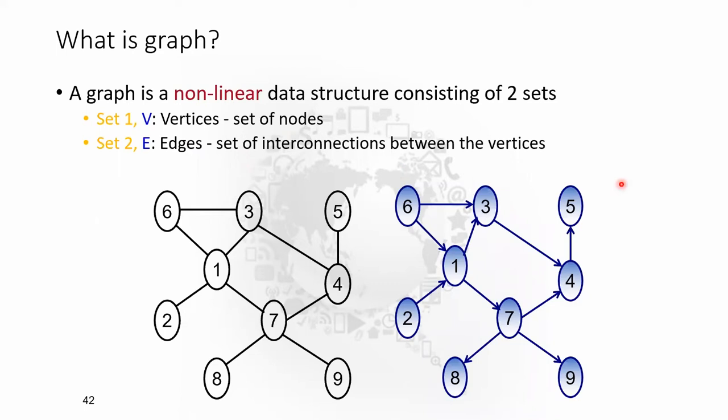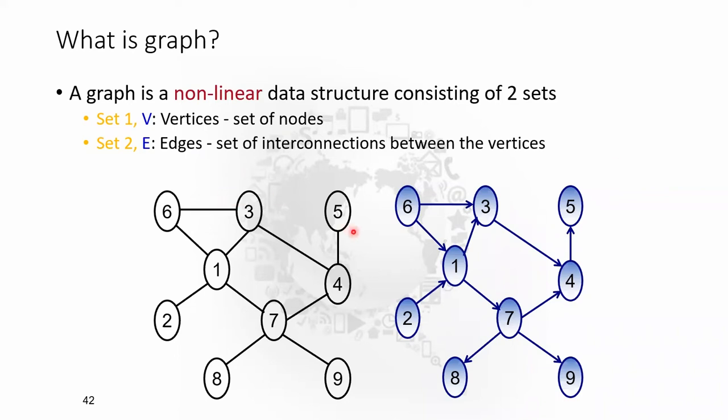In a tree, the data is arranged in a hierarchical form. But a graph is not necessarily hierarchical. It can be in hierarchical form, but it is more about the connections between the vertices.